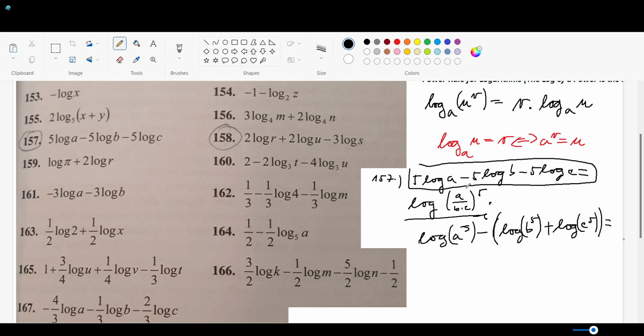What happened here? You just took the negative sign in front of the parentheses, and it means you have the addition here, okay?